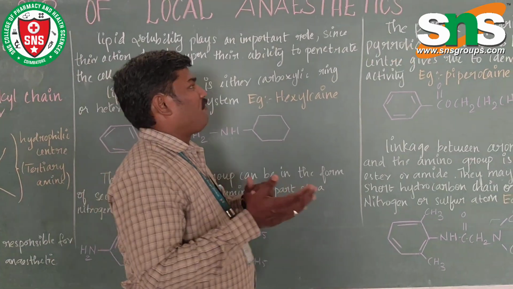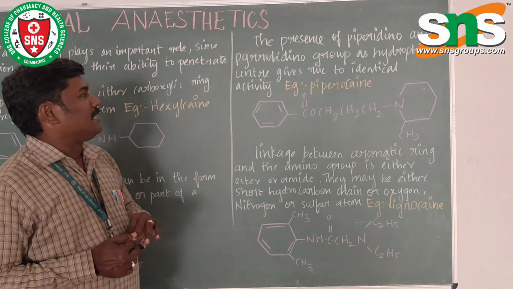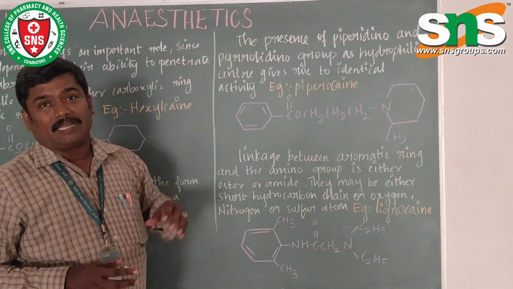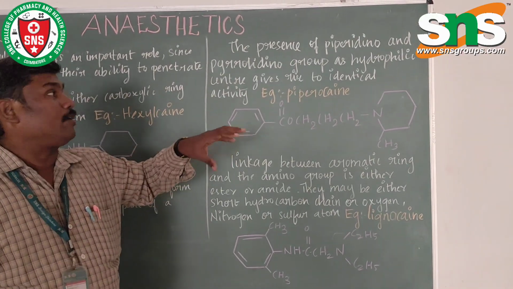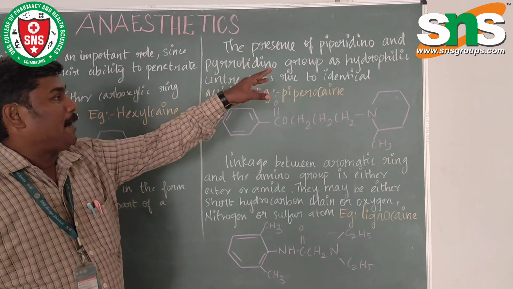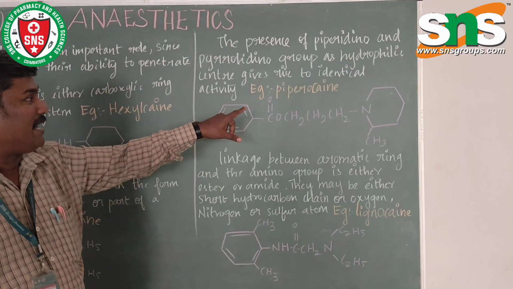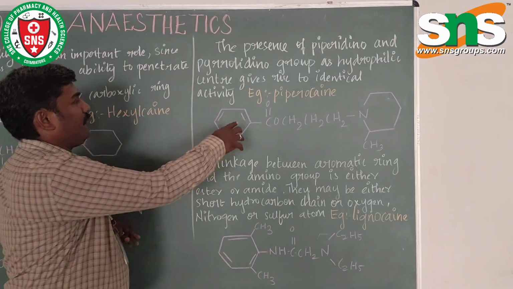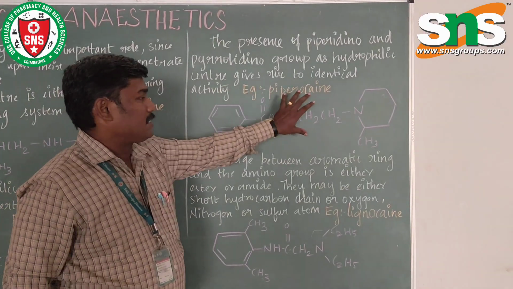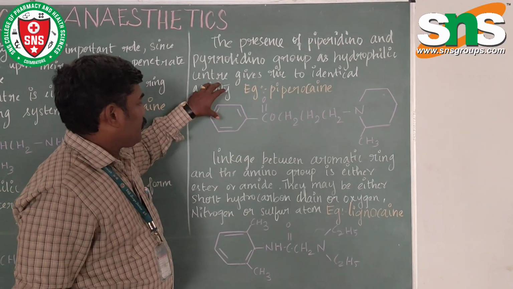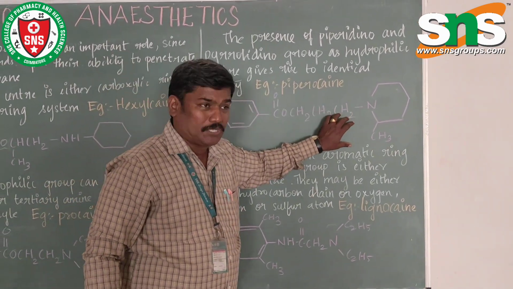The presence of a piperidino or pyrrolidino group as the hydrophilic center gives identical activity, if it has been substituted with a heterocyclic compound such as piperidine or pyrrolidine. Piperidine is a 6-member ring with one nitrogen atom. Here we have one structure, piprocaine. Benzene is attached to COO, CH2, CH2, CH2.